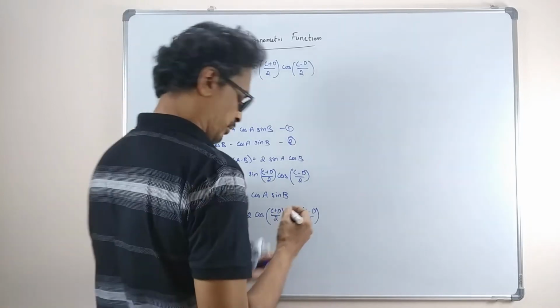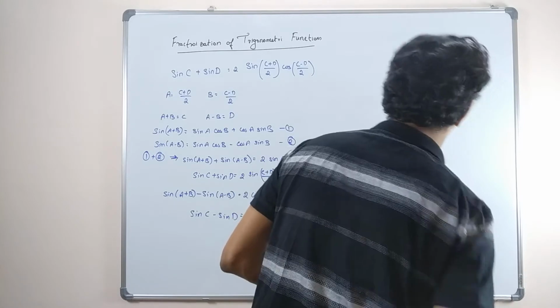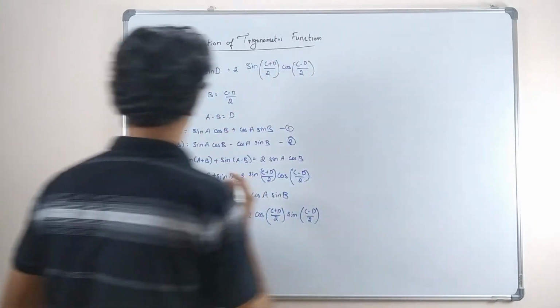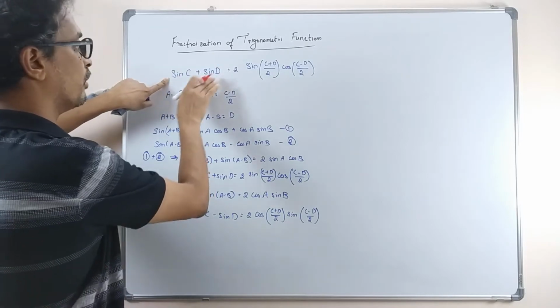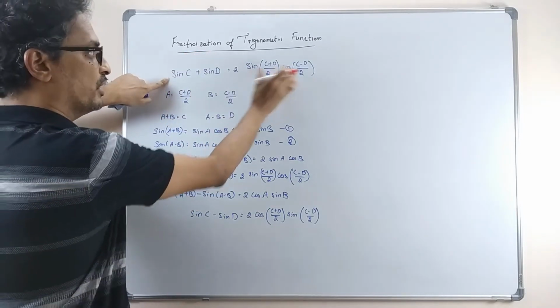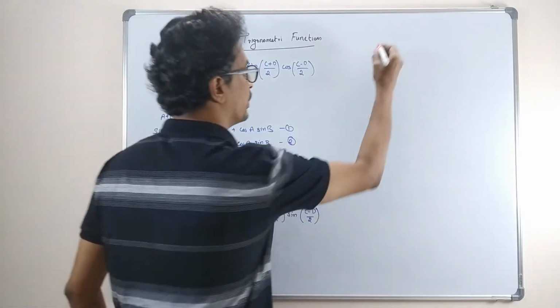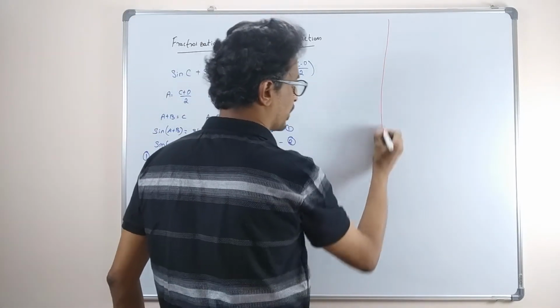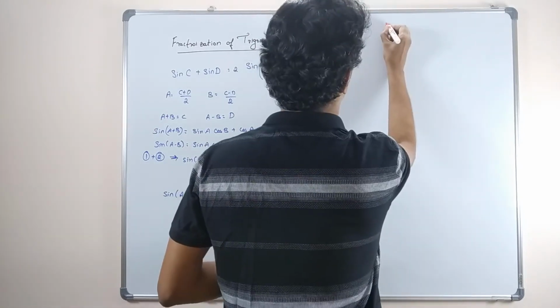Okay. So let me write down these formulas on the side. This is for the factorization, because we are actually expressing the sum of two trigonometric ratios as a product of two trigonometric functions. Right? So this is the way of factorization. So what are the formulas we have?